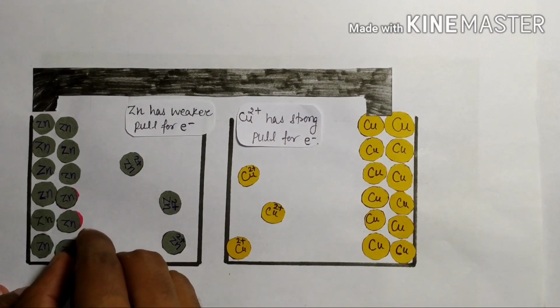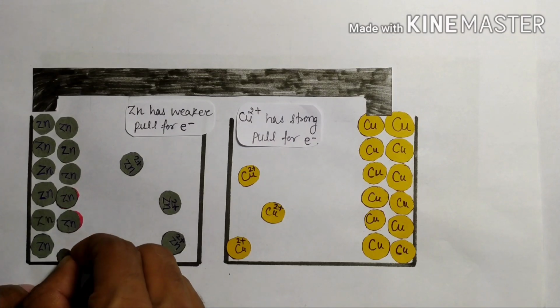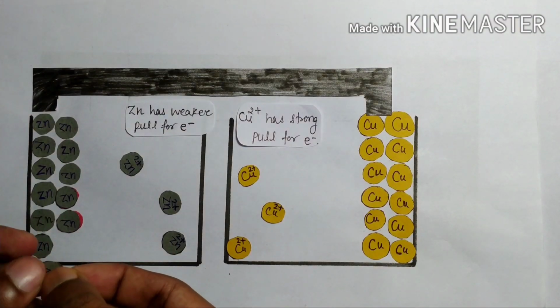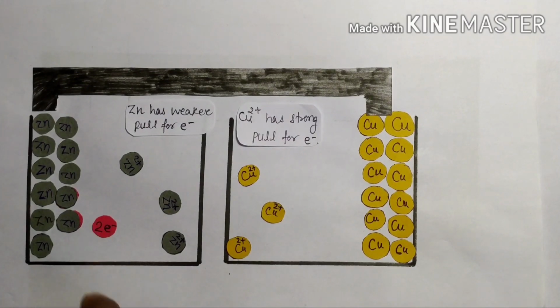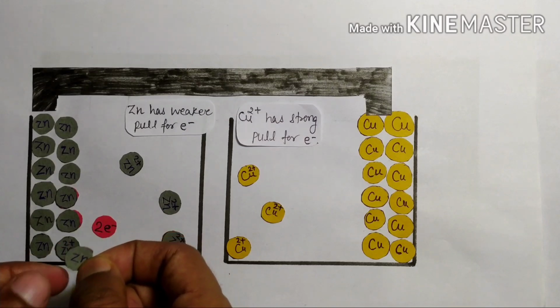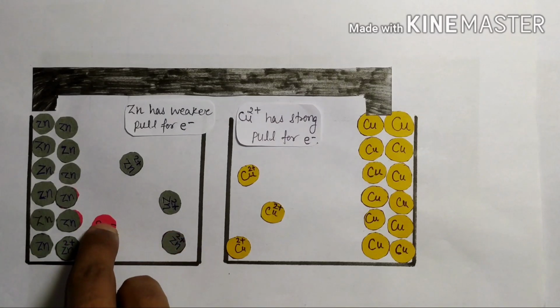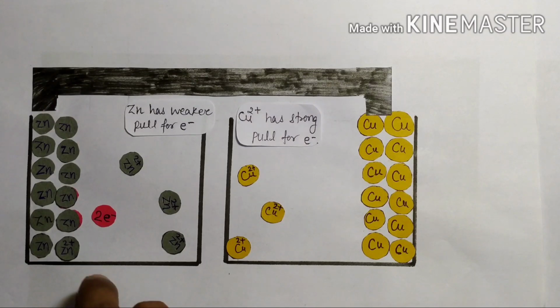Zinc gives its 2 electrons, and it becomes Zn2+. Zinc has given the 2 electrons, now it is Zn2+, and the 2 electrons are here.